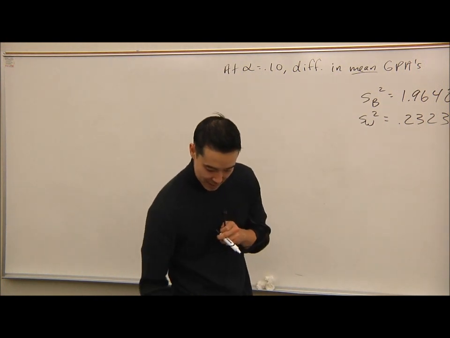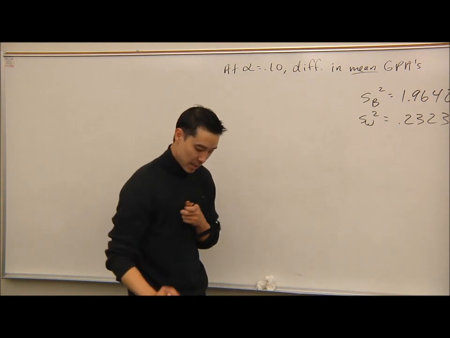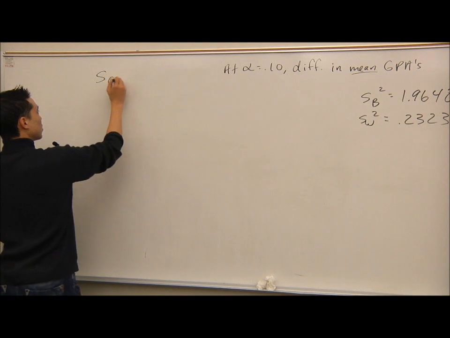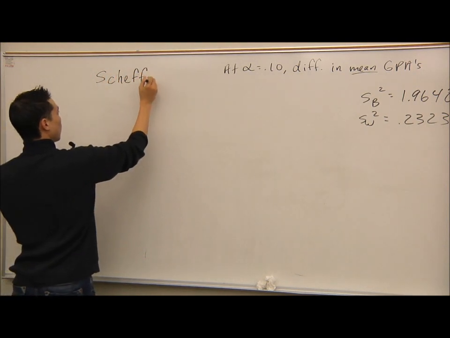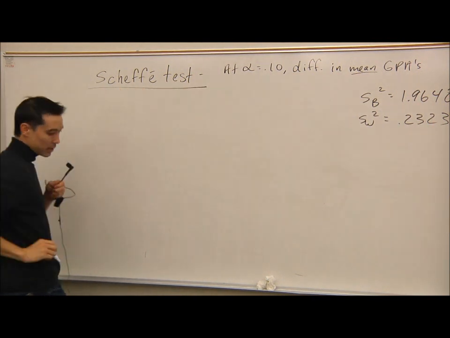Okay, so when we reject H0 in ANOVA tests, we're going to move on to the Scheffé tests. And here's what your Scheffé test looks like. It's not too bad. You just have to do a comparison of each of the groups.